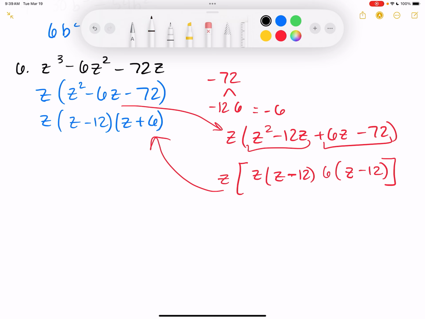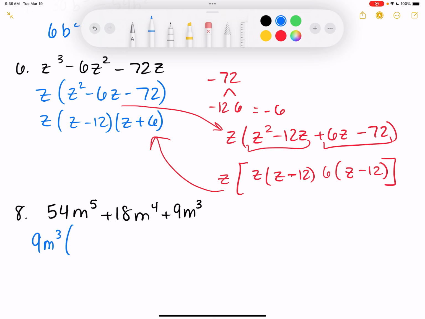Number 8, 54m to the 5th plus 18m to the 4th plus 9m cubed. What can I do with this one? Can take out a 9m cubed.